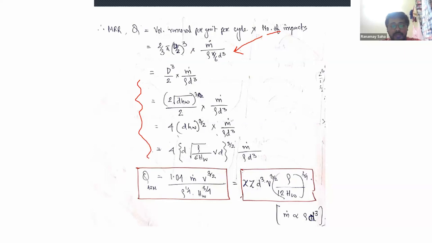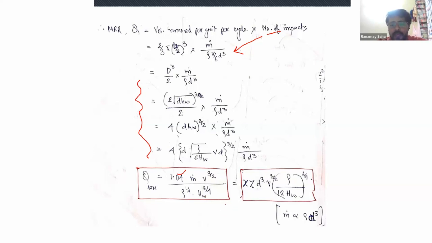steps to simplify it, and finally find the Q or MRR. In case of AJM it has this constant 1.04, mass flow rate multiplied by V raised to the power 3 by 2. V is the velocity, rho is the density raised to the 1 by 4, and H is the hardness.